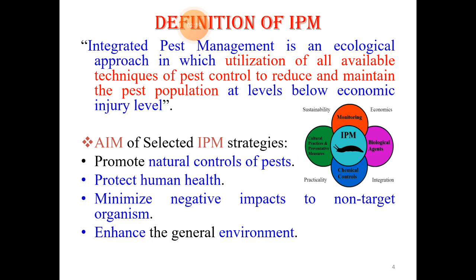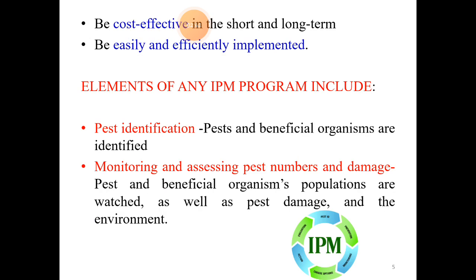The main aim of IPM is to promote the natural control methods of pests, protect human health, minimize the negative impacts on non-target organisms, and enhance the general environment, using cost-effective and easily implemented methods.